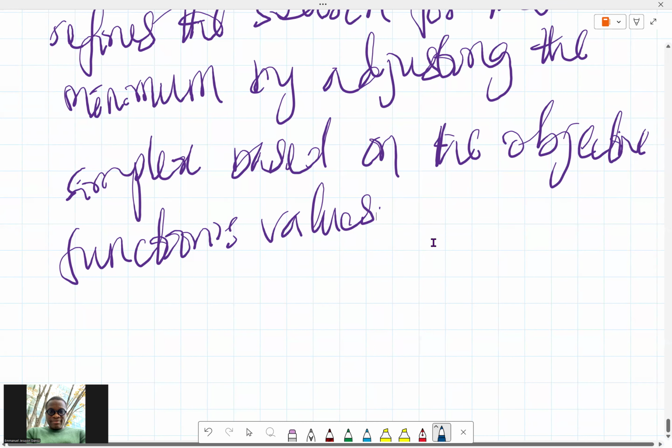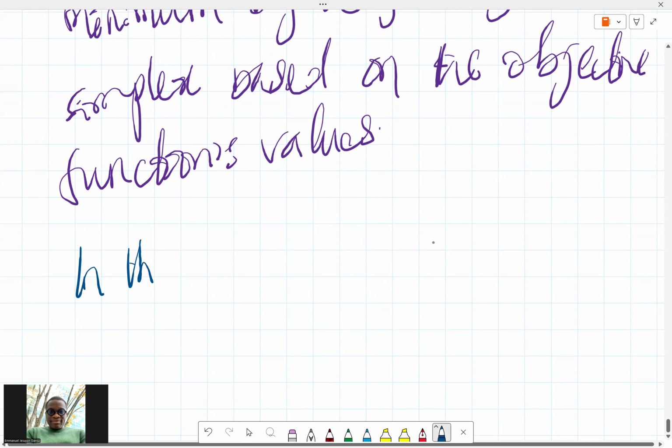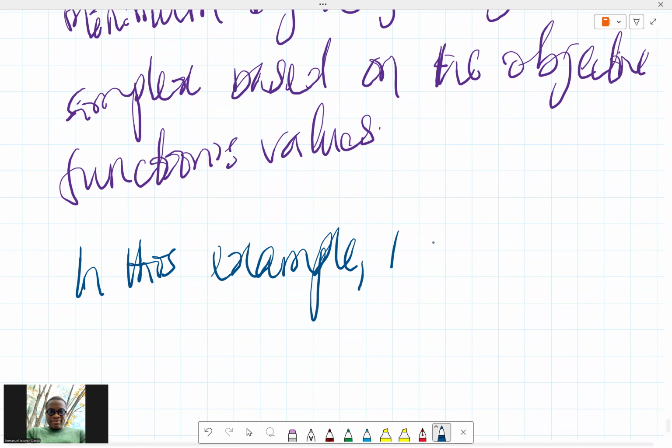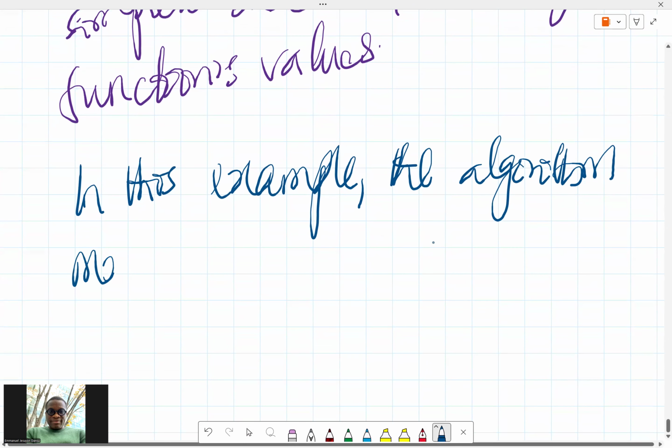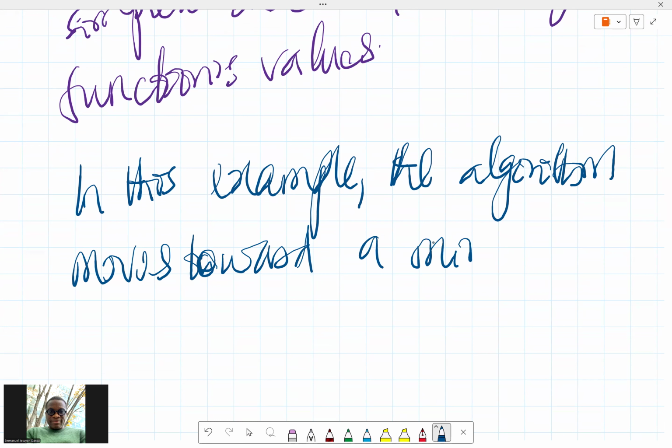In this particular example, the algorithm moves toward a minimum near 3, 2.